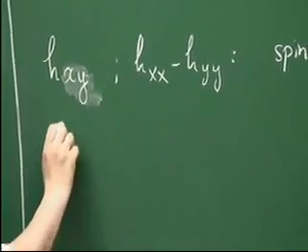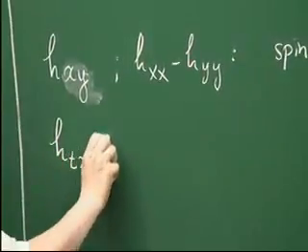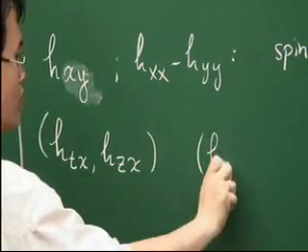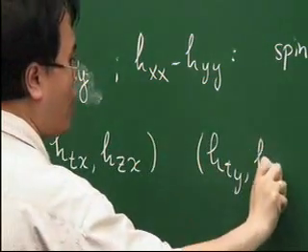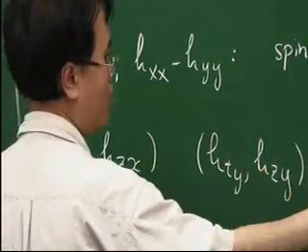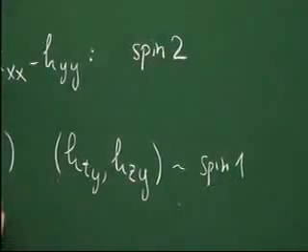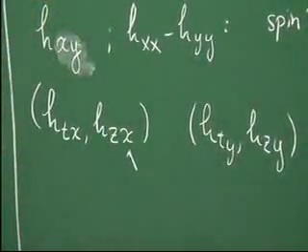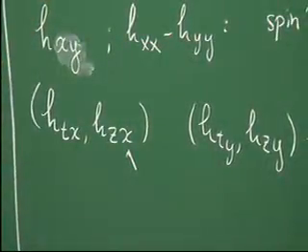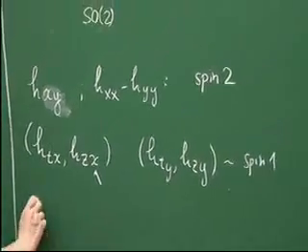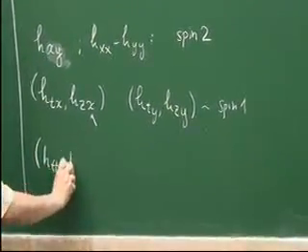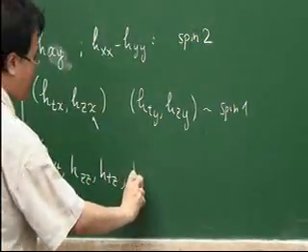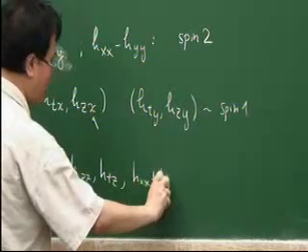And we have, for example, H_TX, H_ZX, and H_TY, H_ZY, which would be spin 1, because each has one index, X for example, that points along these SO(2) directions. And there is another class of perturbations, H_TT, for example, H_ZZ, H_TZ, H_XX plus H_YY.